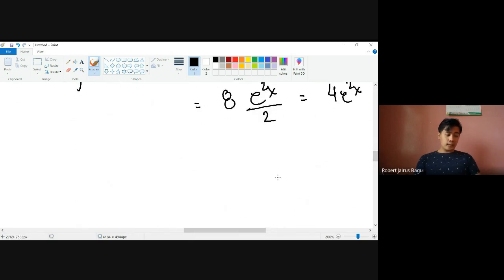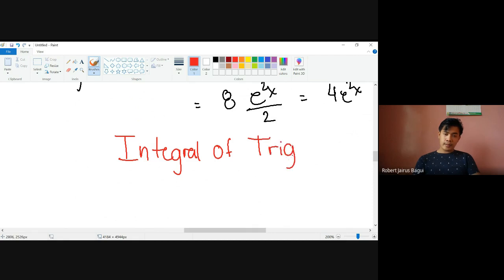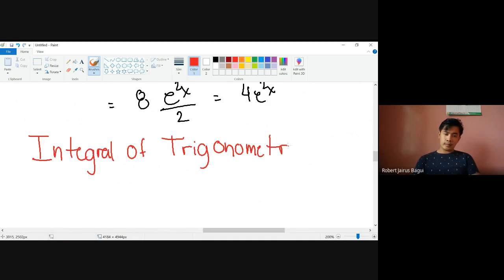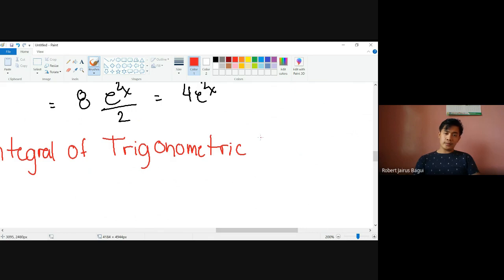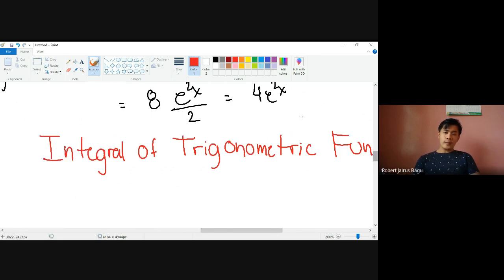So, ito last step, yung integral ng trigonometric functions. Balikan naman muna natin pag sine.